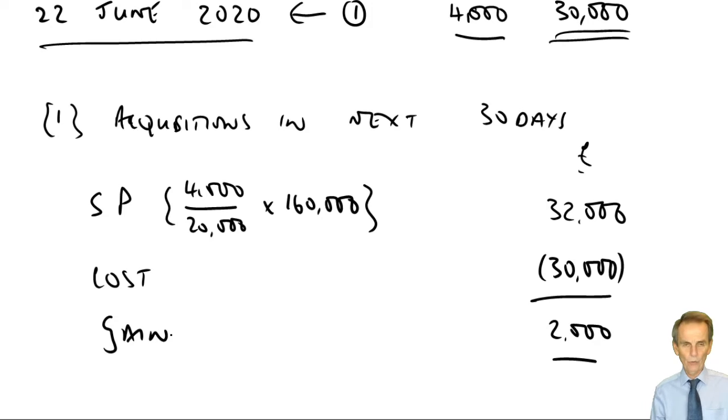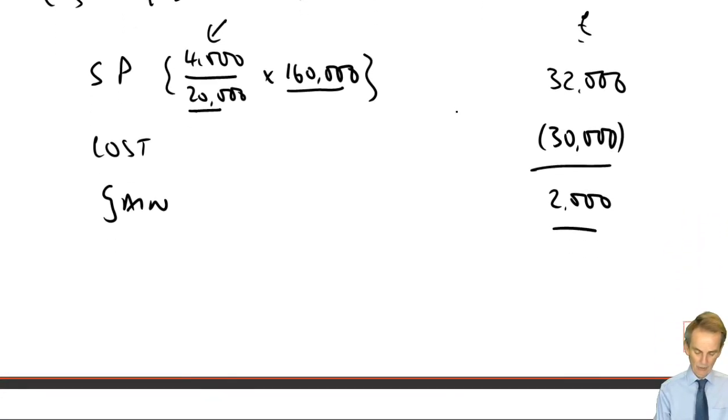The first 4,000 of those 20,000 shares sold, as you see in this calculation here, sold at a price of £8 per share, because 20,000 were sold for £160,000. They had that figure of cost there, £30,000. So a gain of 2,000.